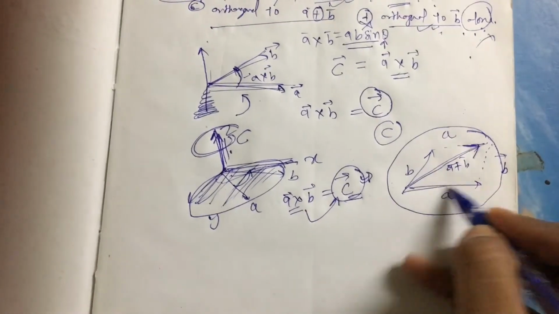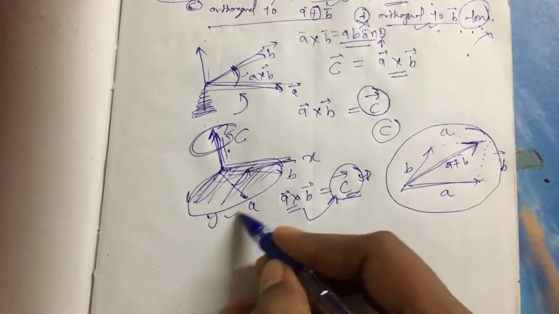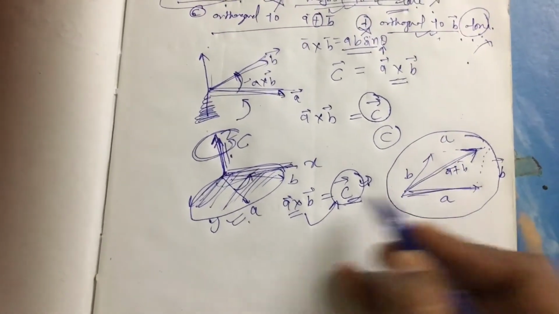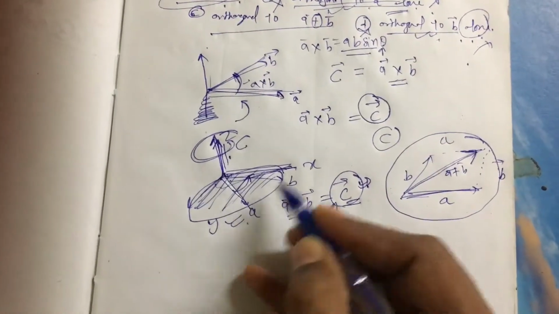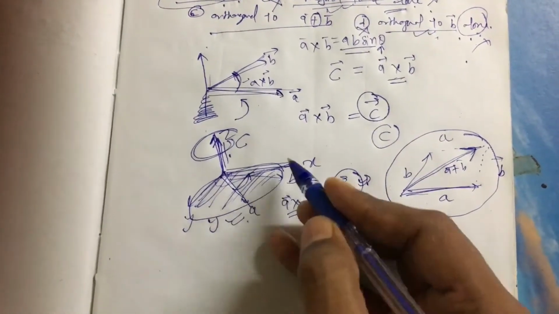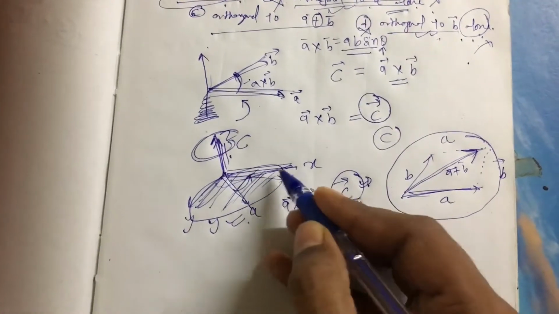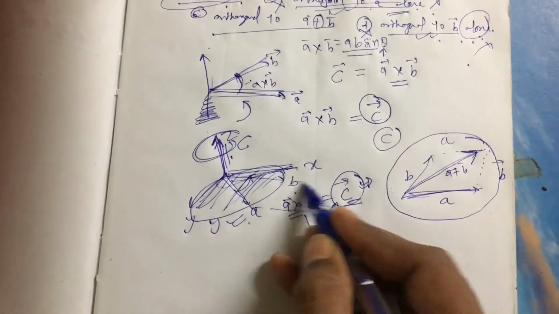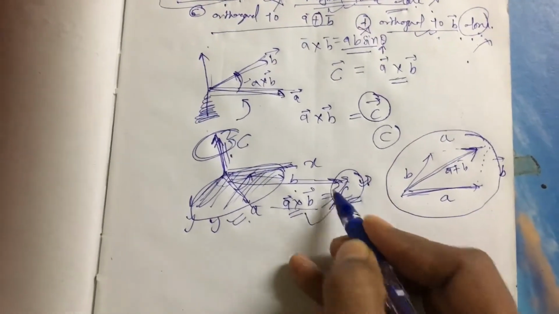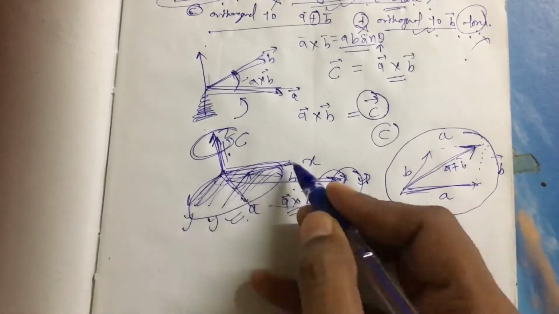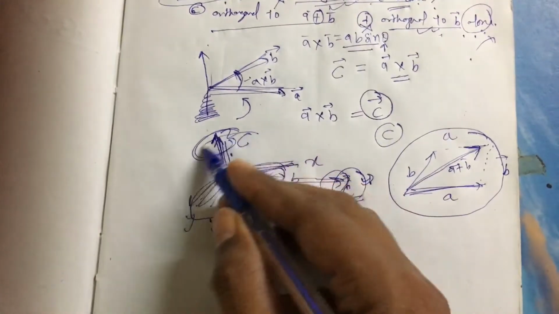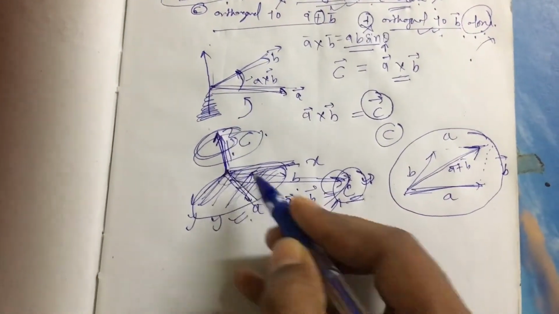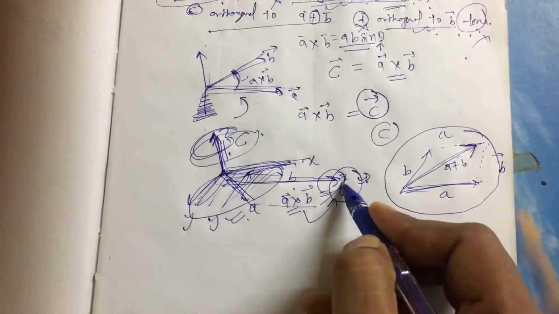So in this diagram, this A is in the xy plane. This is the y axis, xy plane. B is also in the xy plane. So if you make a parallelogram here, then your answer A plus B will also be in the same plane, right? xy plane. That's why C is perpendicular to A, B and A plus B, right?